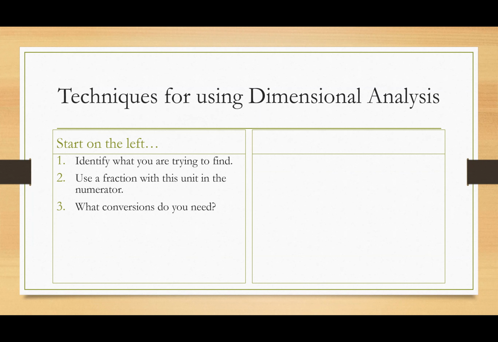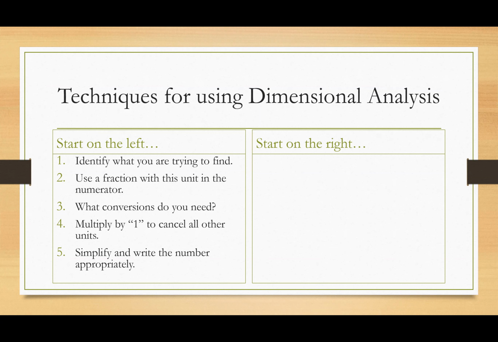You'll also have to take some time to figure out what conversions you need so that when you multiply through by 1, your units are canceling so that you end with the unit that you're actually trying to find. As you multiply, you also want to simplify and then write the number appropriately. We'll talk about that a little bit more.